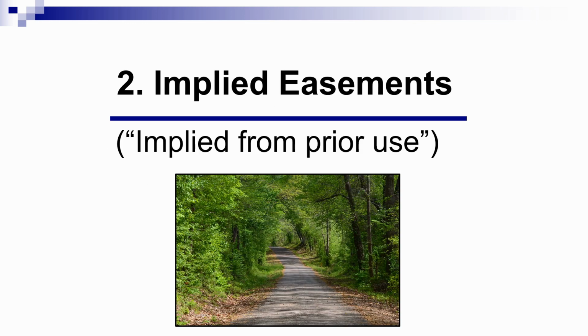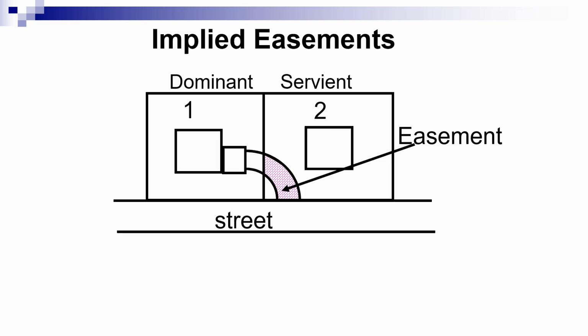We ought to call an easement that's implied from prior use, because that's really how an implied easement arises. It arises from prior use, as we will see. Let's take a look again at our picture of Lot 1 and Lot 2 and the driveway. Let's assume that there is no written express easement, but let's assume that the same person owns both lots.